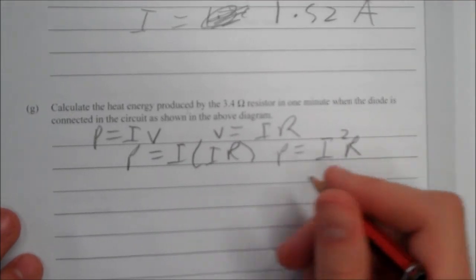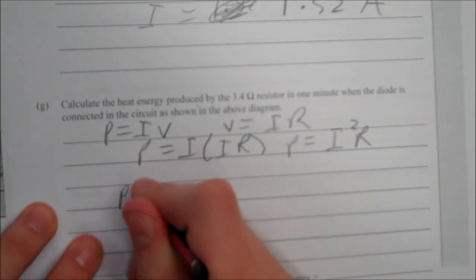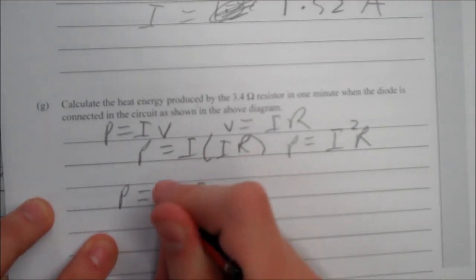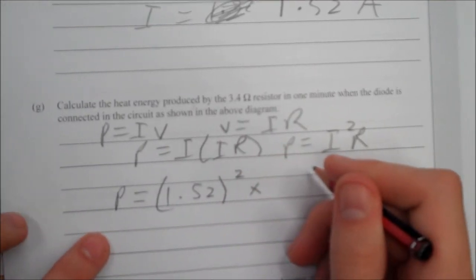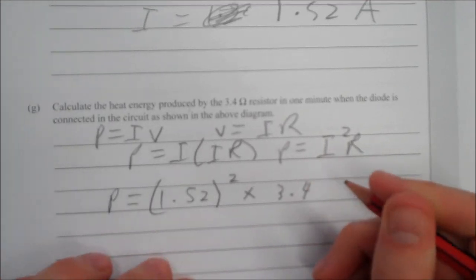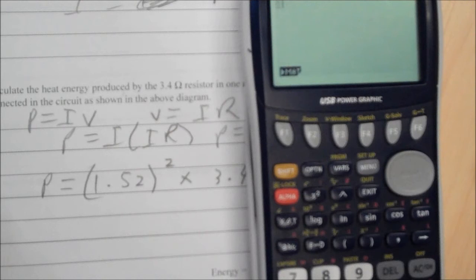And if we substitute everything in, we've got a current of 1.52, so P is equal to 1.52 all squared, times the resistance, which is 3.4.